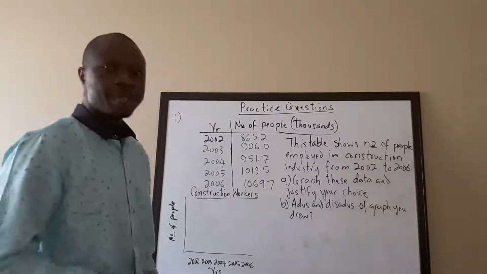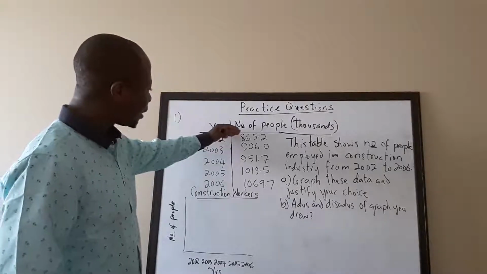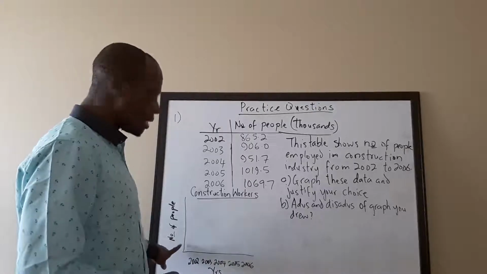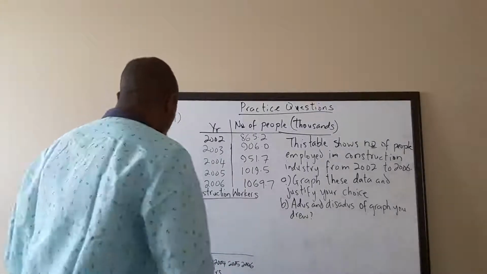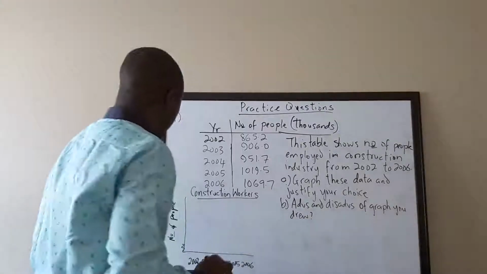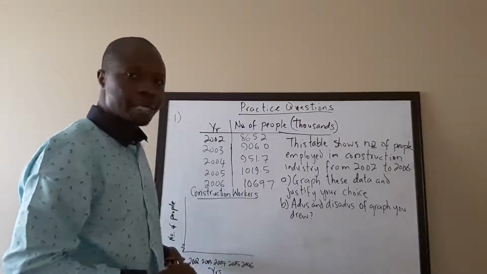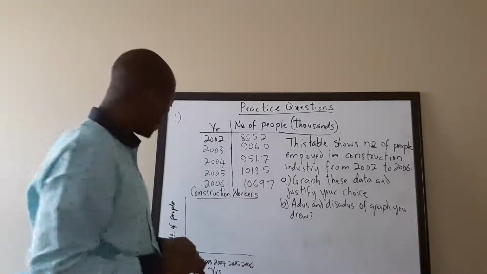Actually, what I'm going to do here is because my numbers are between 800 and 1100, I'm going to just do a zigzag here, and I'm going to only go with those. Now, you'll find that sometimes in some textbooks, they actually do that as well.